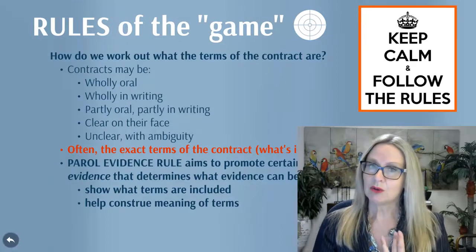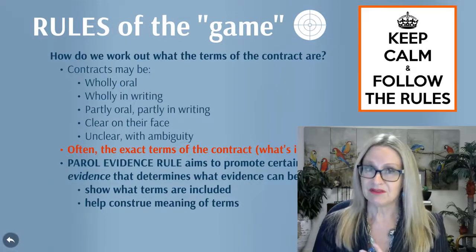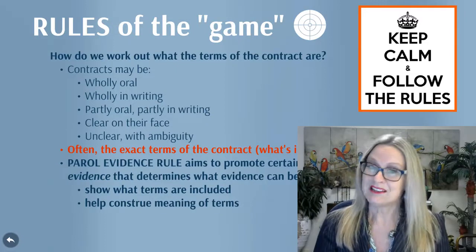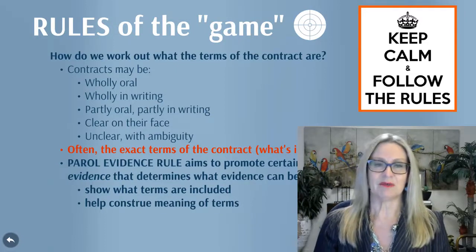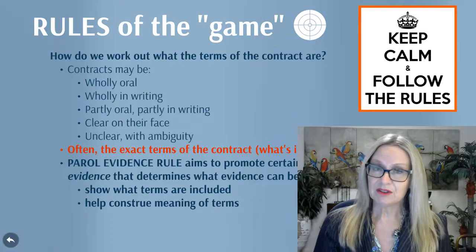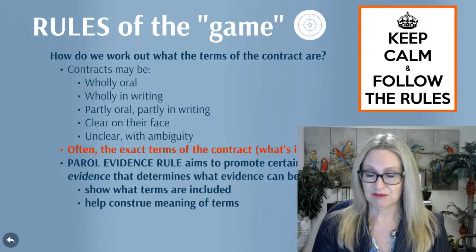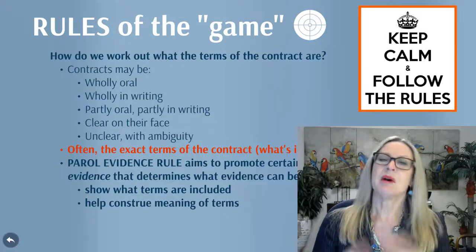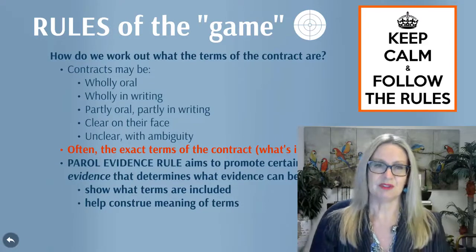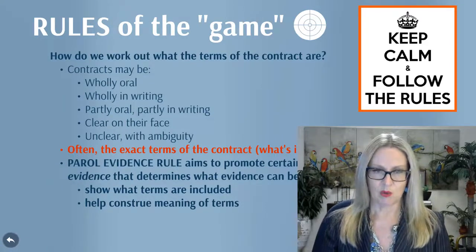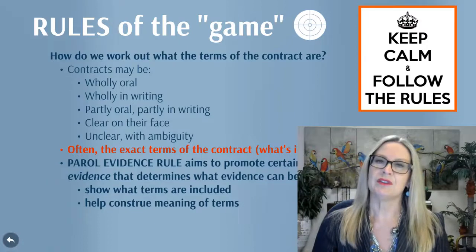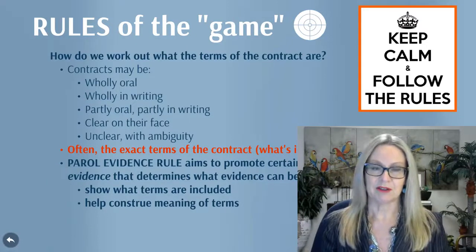They may be wholly oral, they may be wholly written, they might be partly oral and partly in writing. They might be clear on their face, there might be ambiguity in the terms. So there might be a whole lot of issues and difficulty in working out what terms govern the parties' bargain.